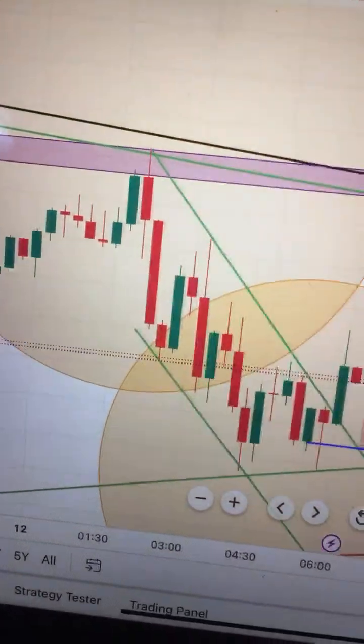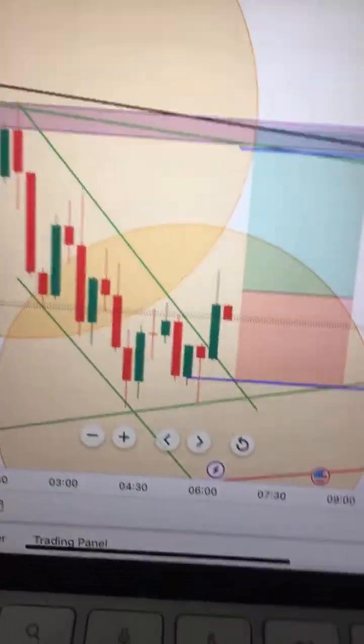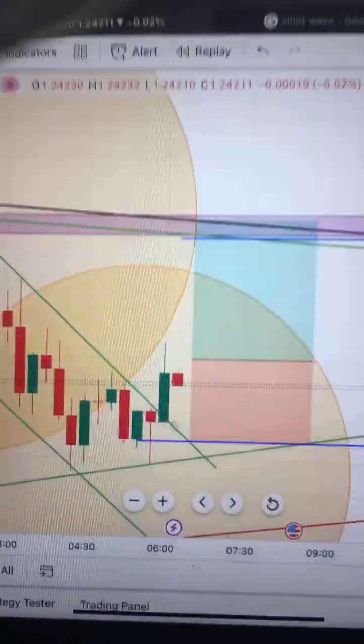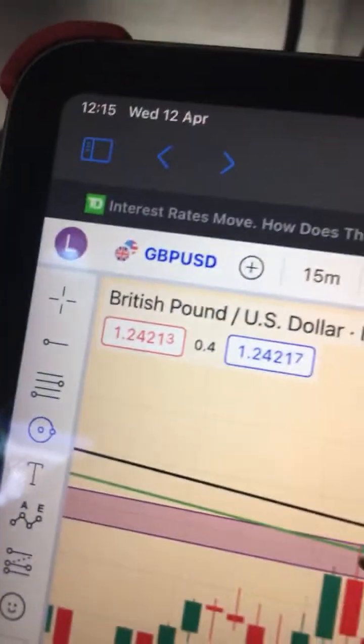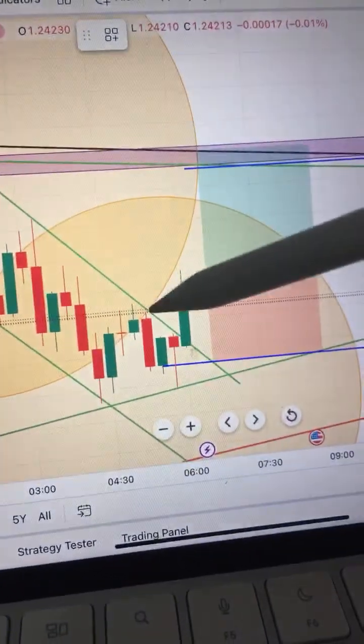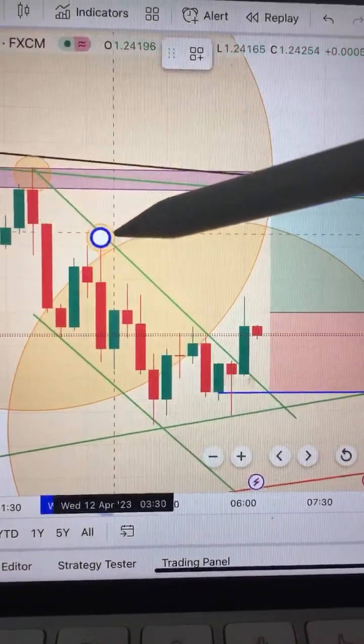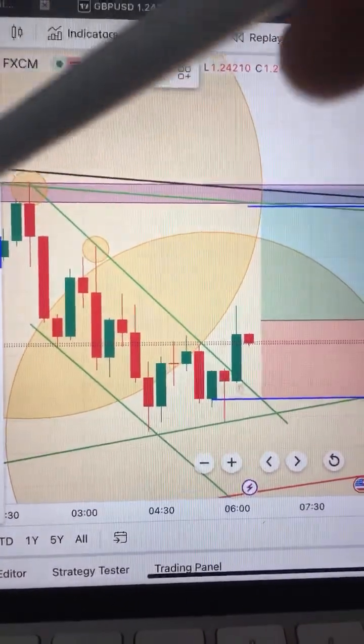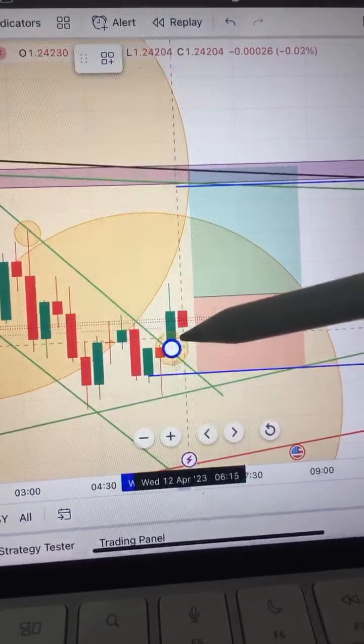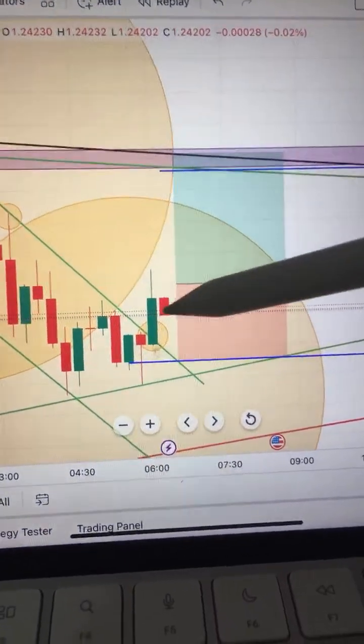Now I will use this candlestick right here as my, let me highlight my first touch and my second touch right here and my third touch, and I'm using this candlestick.